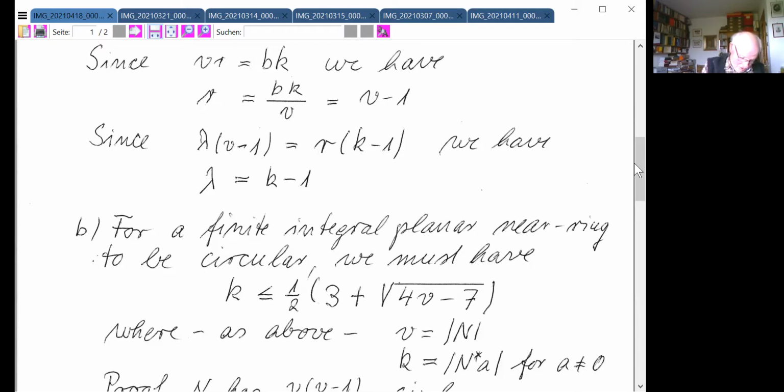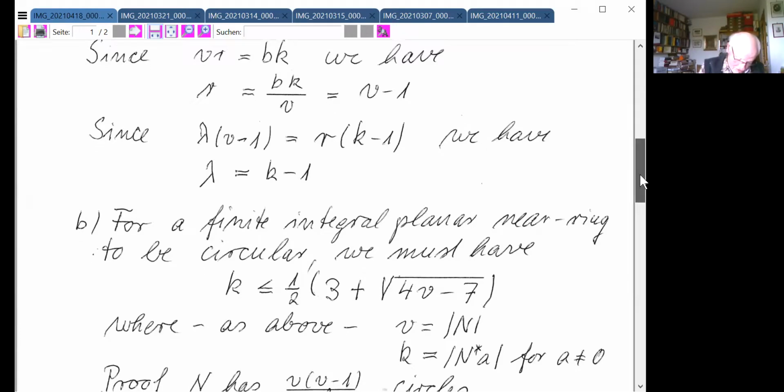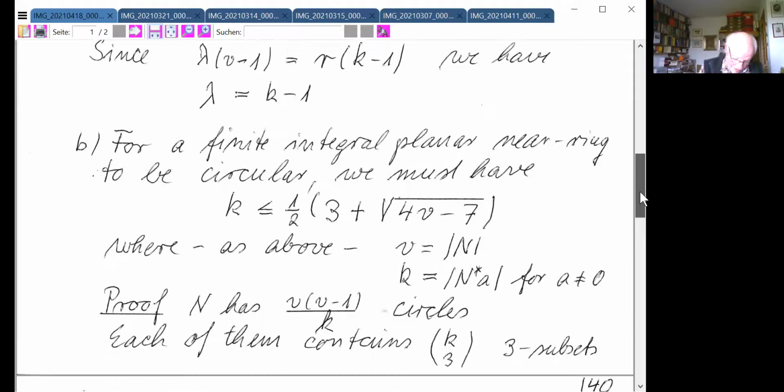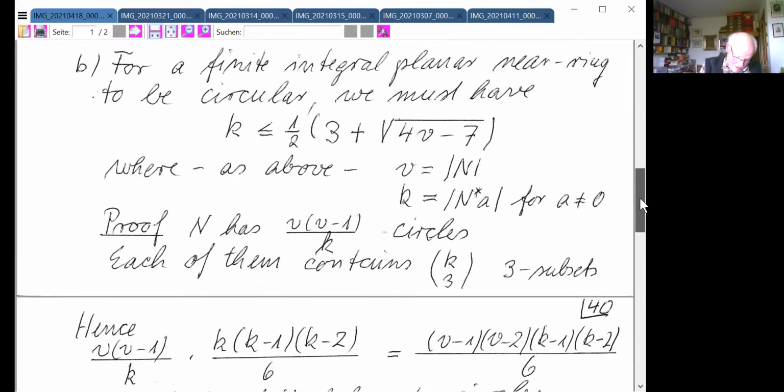k less or equal than 1/2 times 3 plus square root of 4v minus 7. As above, v is the number of elements, the number of points in N. k is the number of points in such a basic block.